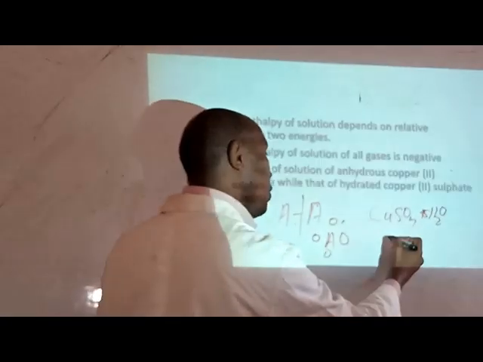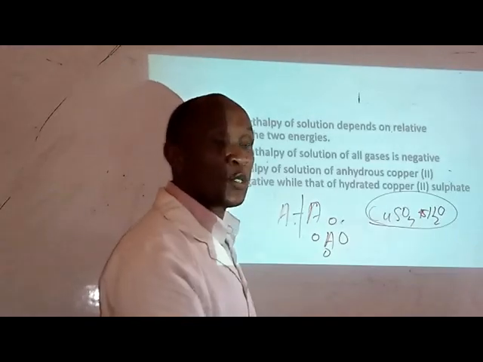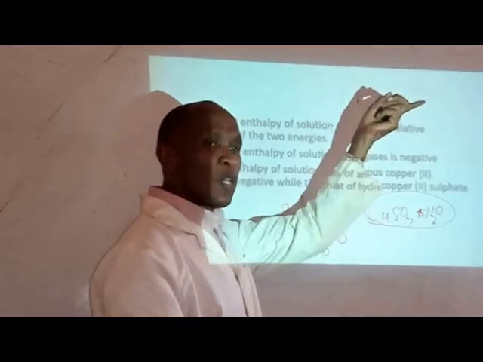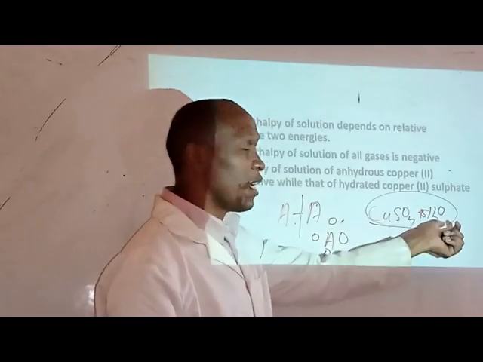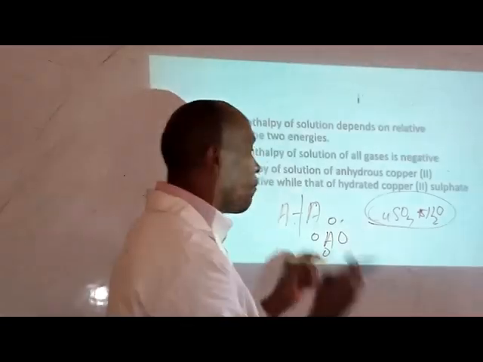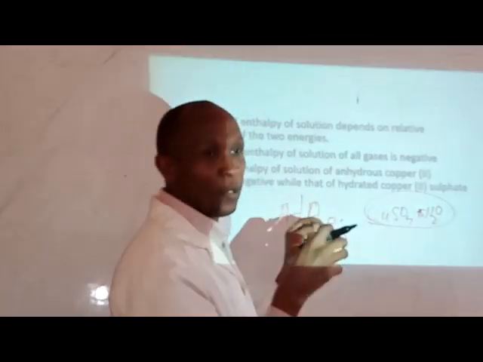So later on, when you want to hydrate it further, some energy was produced already when you formed the hydrated copper sulfate. So the amount of energy produced by further hydration is going to be very low.